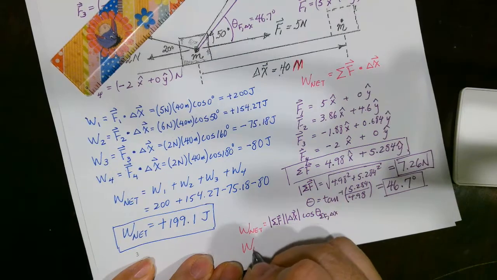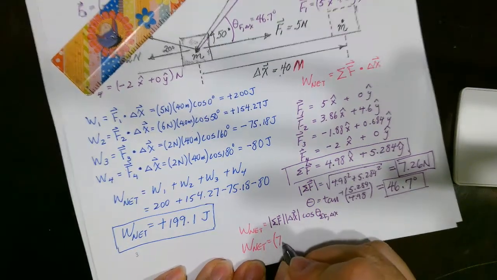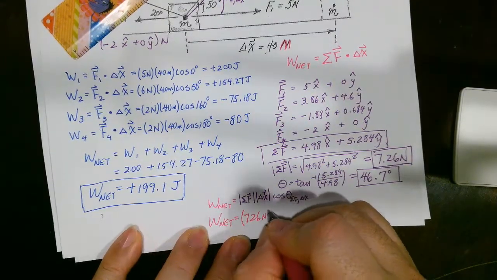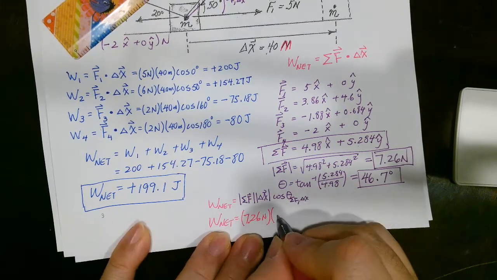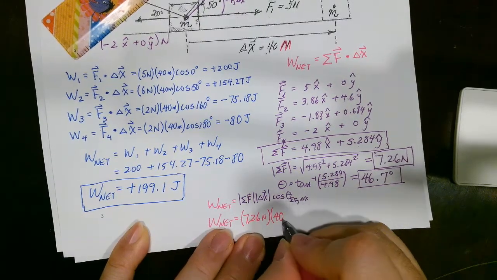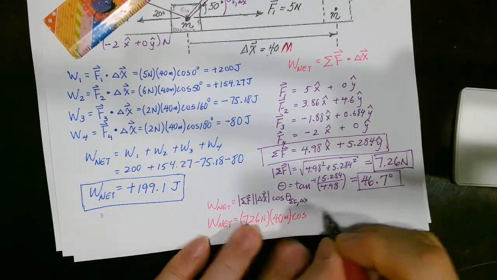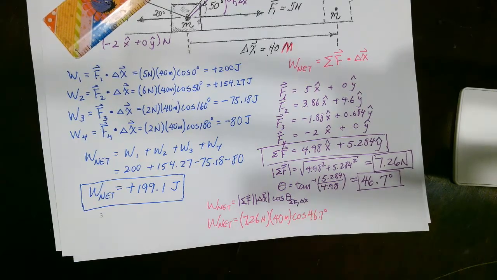Therefore, your work net is equal to 7.26 newtons times 40 meters times cosine of 46.7 degrees.